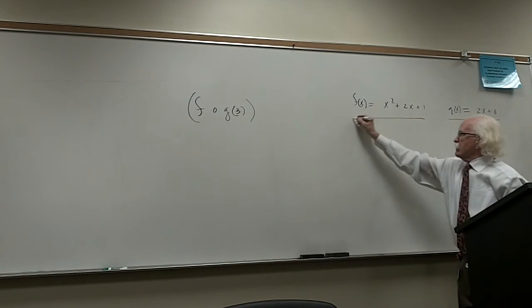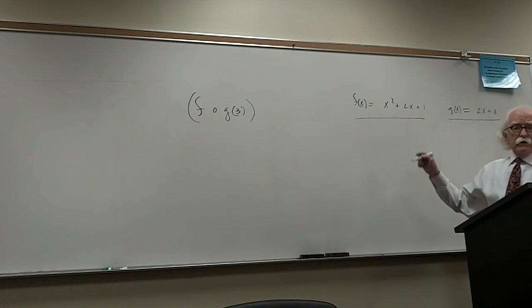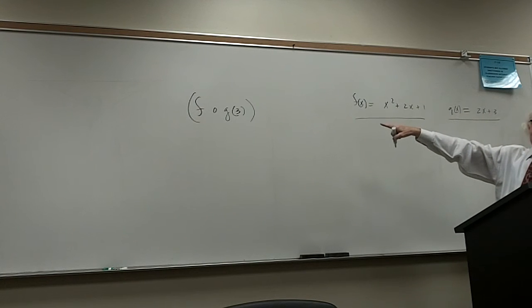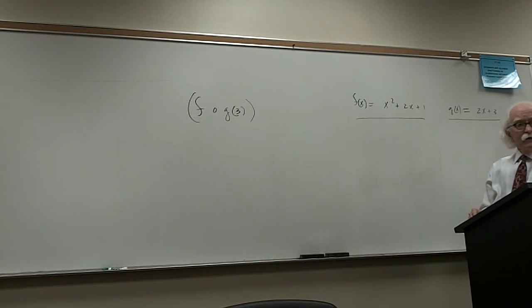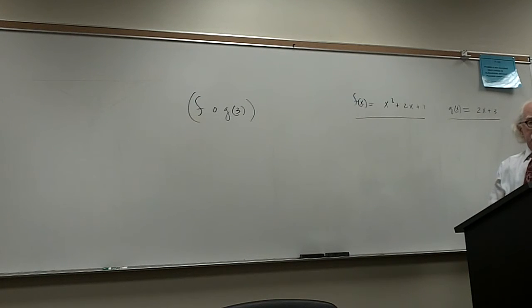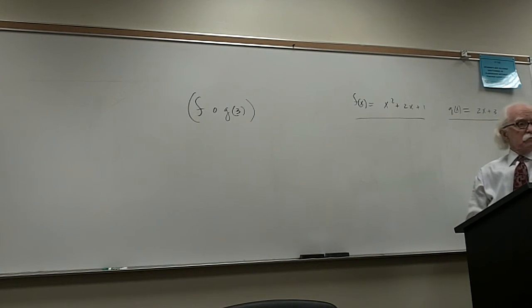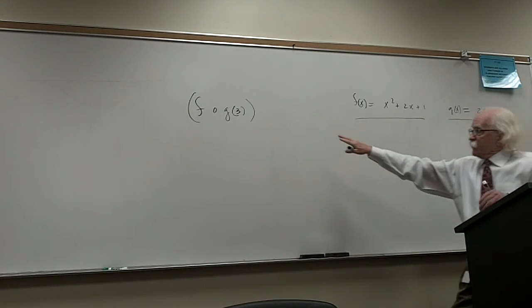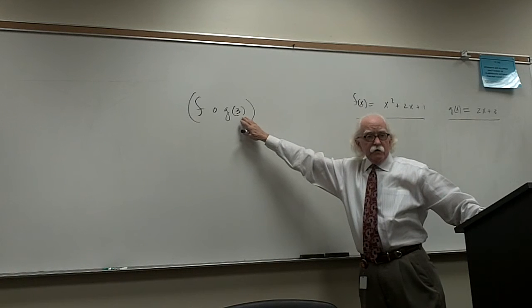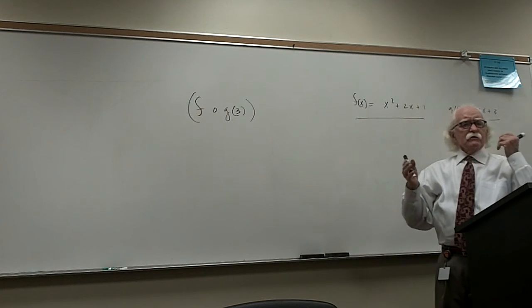Like that. You see this, everybody? What does that mean when you see it written like this? Plug in the 3. Yeah, when you finish, put the 3 in for x. In other words, when you finish doing the composite function, then they want you to do what to it? Put the 3 in its place. Does that make sense?